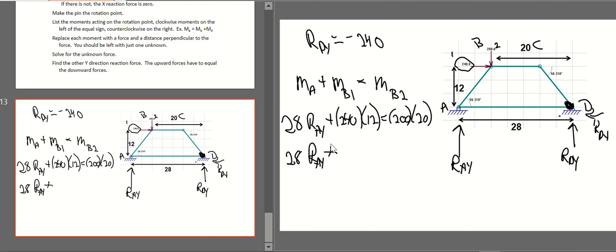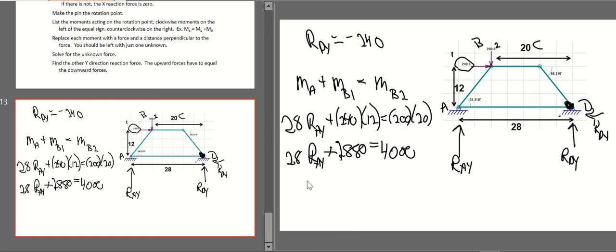So 240 times 12, 2880. And that is 200 times 20, so that is 4,000. And so 4,000, subtract out my 2880.